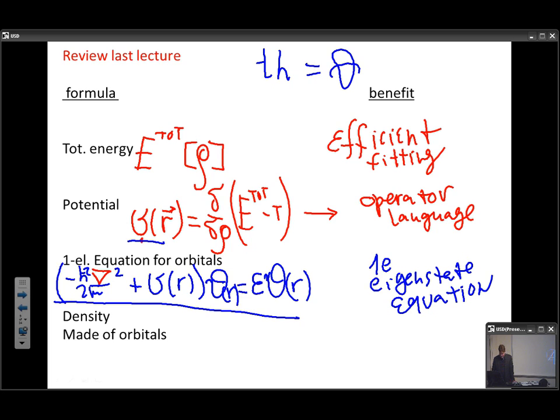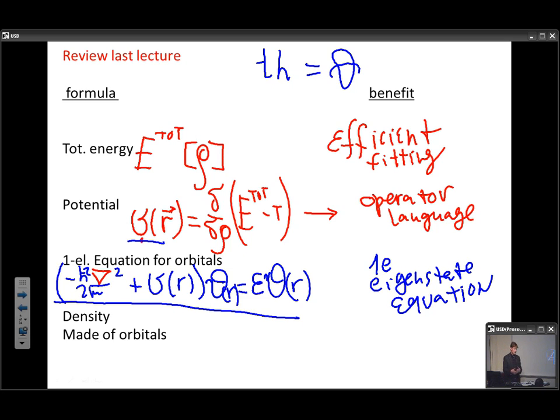Did we cover any other material last time? We were considering how to convert the bigger multi-electron wave function into one electron charge density. It represents all electrons. And we made a little discovery.